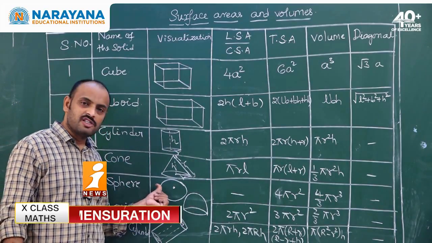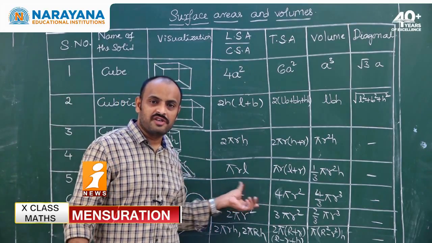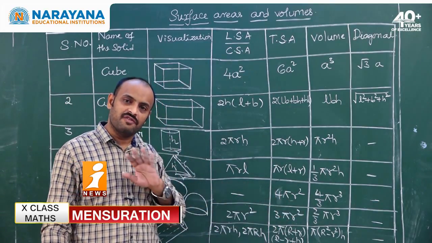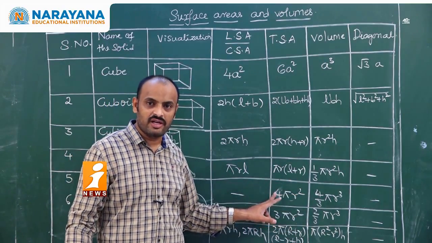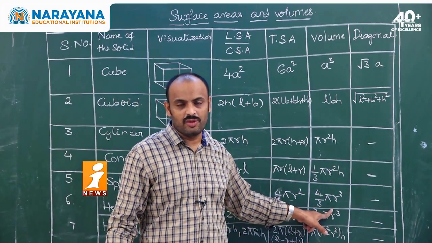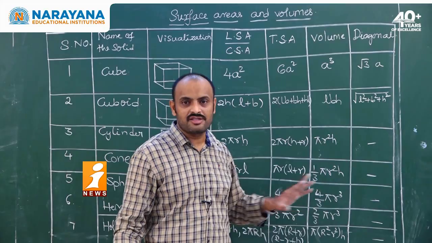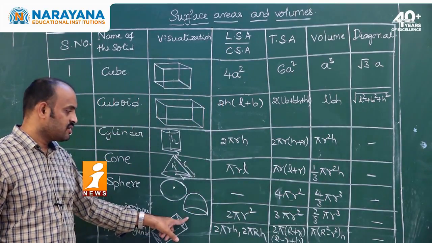Next comes sphere. As the sphere is a single surface, its lateral surface area and total surface area are the same: 4 pi r square. Its volume is 4 by 3 pi r cube, where r is the radius of the sphere. Next comes hemisphere.